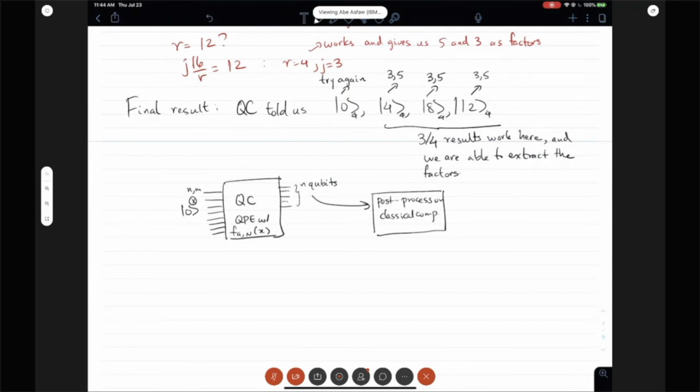You don't need to go through Shor's algorithm. However, that is very unlikely, right? That's like looking for a needle in a haystack. The chances are much, much higher that you'll find something that is co-prime with N. And there are documented numbers that show you the likelihood of finding an A that is not co-prime with N. It's highly unlikely.